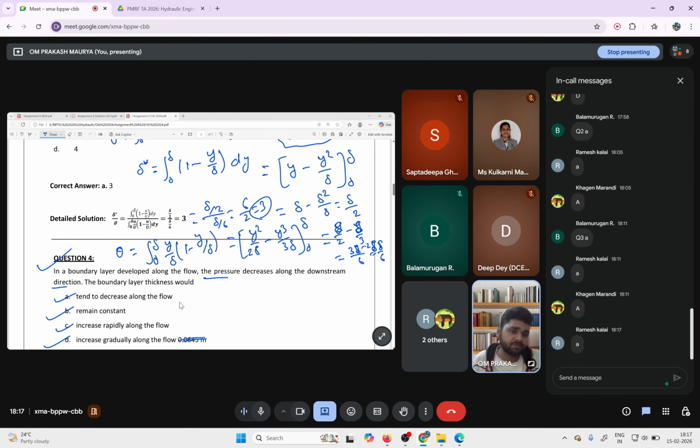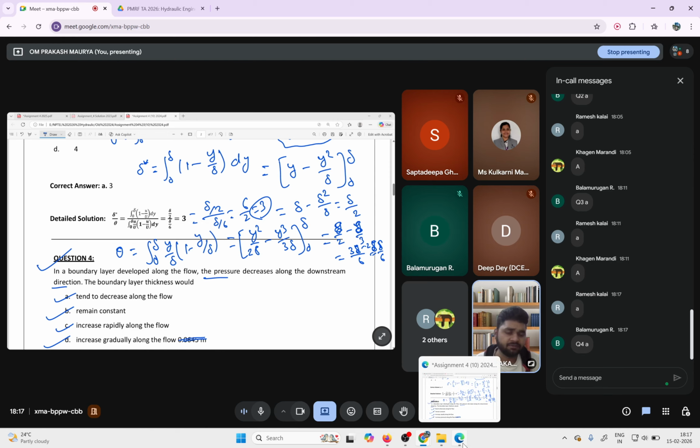Okay, Ramesh is telling option A, fine, that is tend to decrease along the flow. Okay, Bala is also telling option A. Okay, so I will not take much time here.